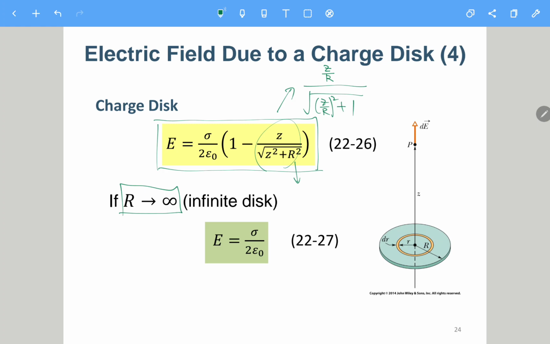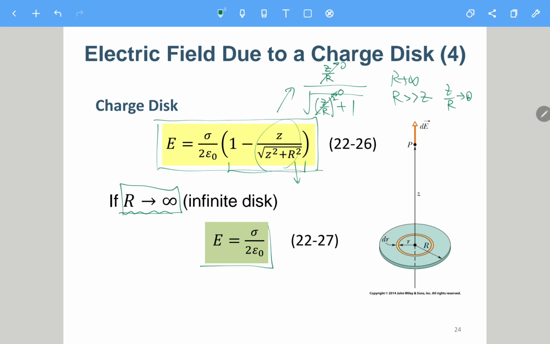Here R is infinity, which means that R is much, much larger than z, or z over R tends to 0. So this term tends to 0. This term also tends to 0. So this whole term will tend to 0. So finally, if we assume that the disk is infinitely large, this is 0. So this is 1 minus 0, which is 1.